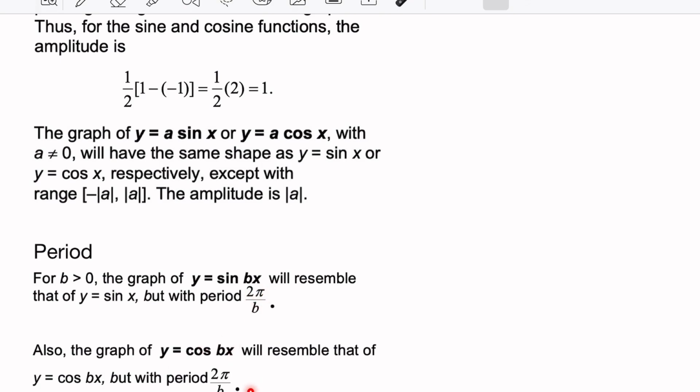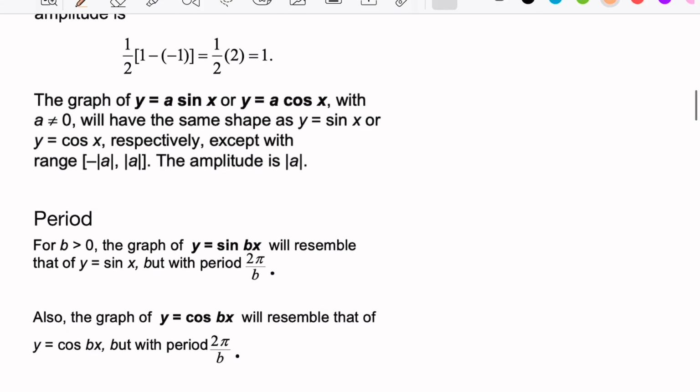And similarly for our cosine graph here. Something to note here, for example, if we're just looking at our cosine function, in this case our b is equal to 1. Our period is 2 pi over 1. So we have 2 pi.